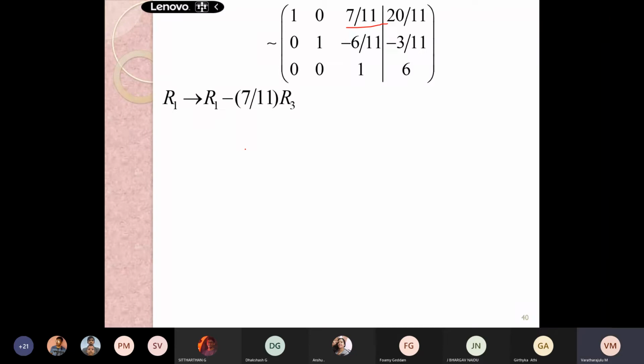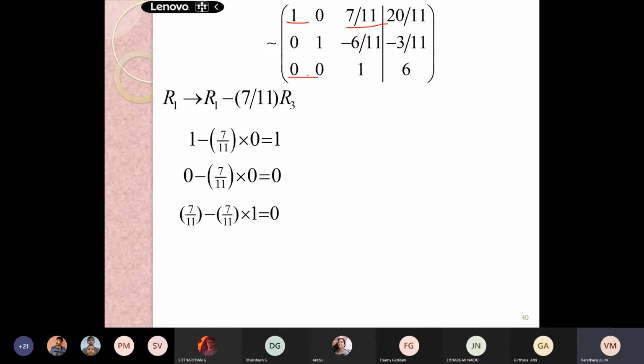The first term, 1 minus 7 by 11 into 0, therefore I will get 1. The second term, 0 minus 7 by 11 into 0, there won't be any change. And 7 by 11 minus 7 by 11 into 1 is equal to 0.